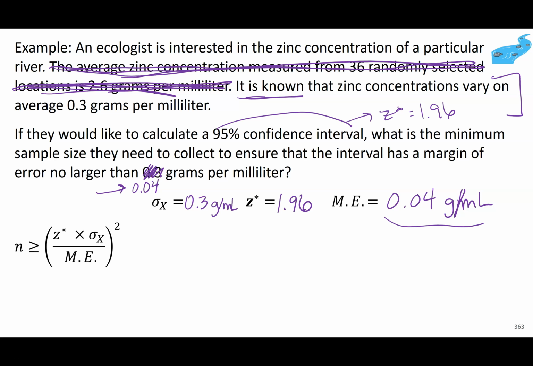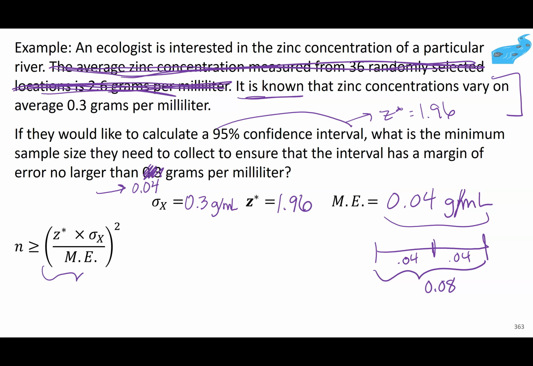So what this is saying is, I don't want my interval to be any wider than 0.04 on each side. The entire interval, because it's 2 margins of error long, is not going to be any wider than 0.08. That might be pretty precise. I'm not entirely familiar with zinc concentrations.